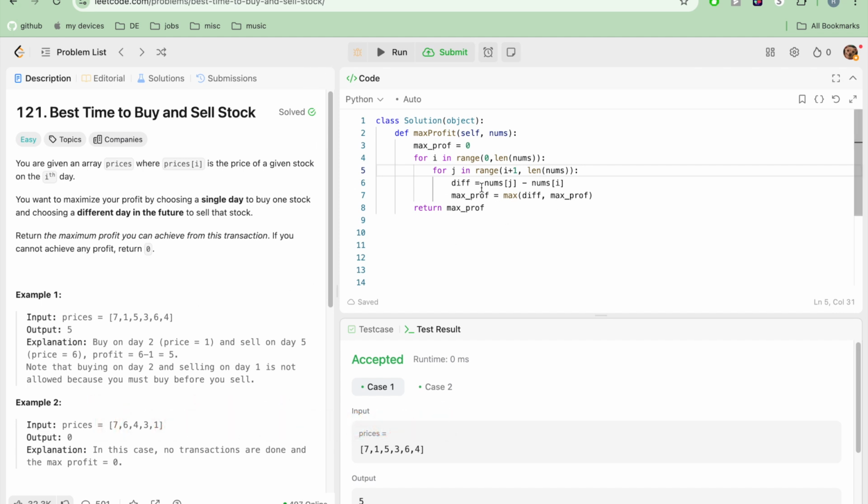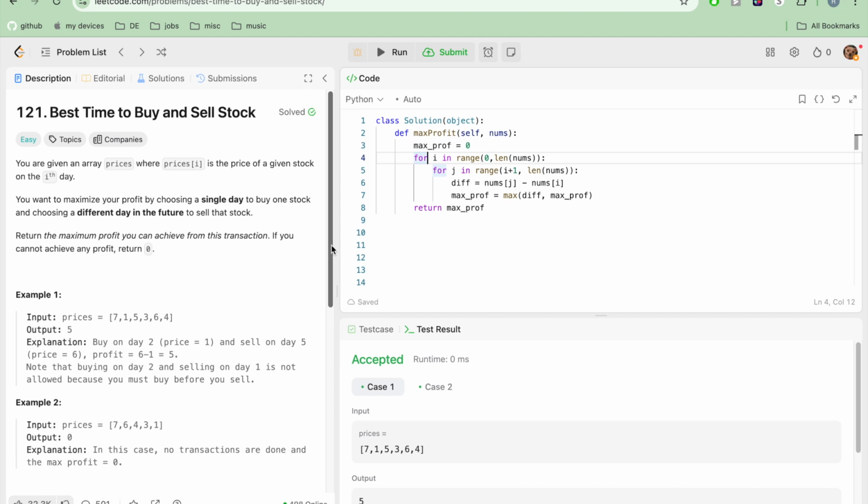That's why this approach is not efficient, because for each of the i index we are going through the nums data set again. So the time complexity on this one will be around n square.